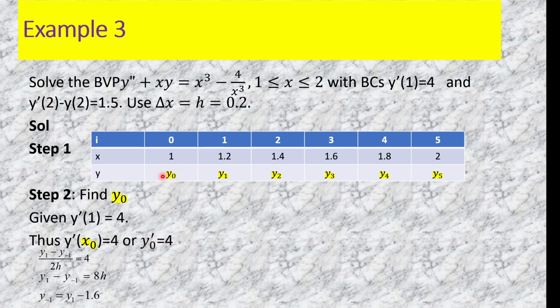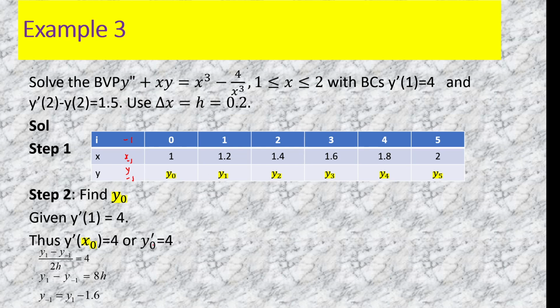So you are standing at y naught. You want to find the first derivative, so it's like your dy dx. So you take the point ahead, which is y1, and the point behind, which is y negative 1. So if let's say this is i negative 1, this will be x negative 1, this is y negative 1.